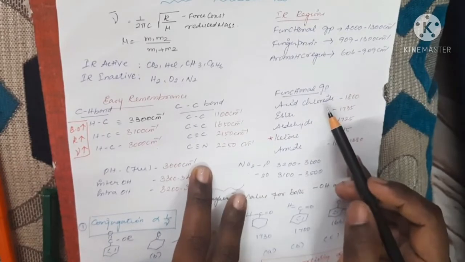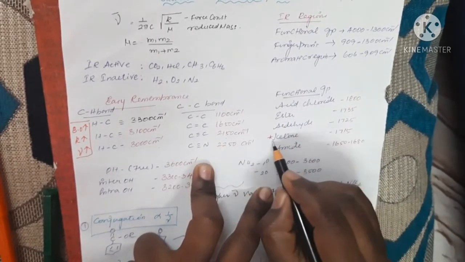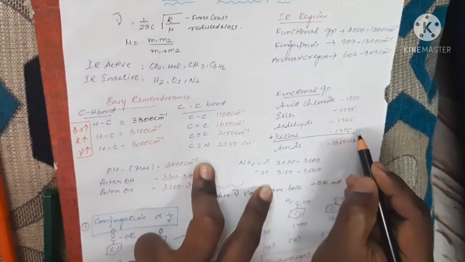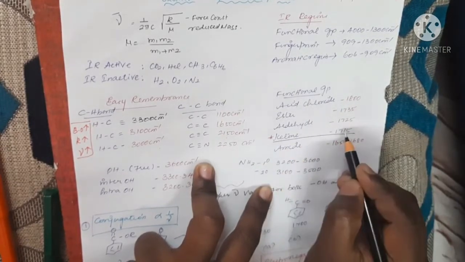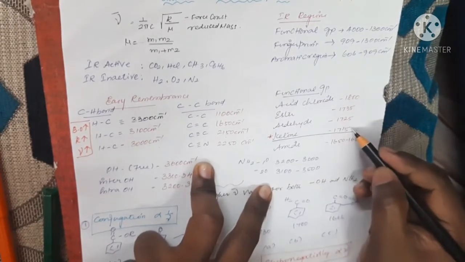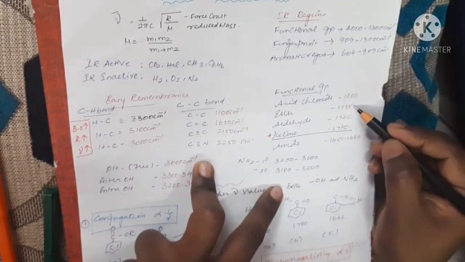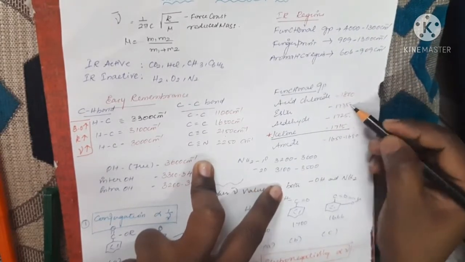Okay, then the functional group region. Here I have written ketone. Let's take this ketone as the base. The ketone value is 1715 centimeter inverse. From ketone, going above: aldehyde 1725, and then esters 1735.